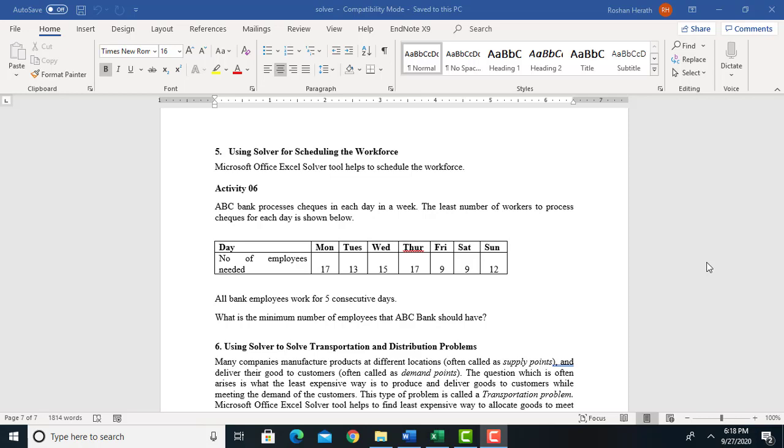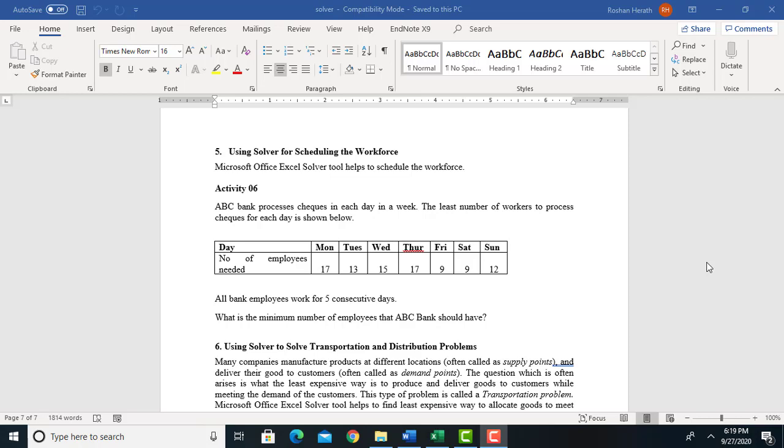Depending on the experience of the bank, considering the peak days and the off-peak days, they have identified what must be the minimum number of employees that has to be there. So on Monday, in order to process these checks, they need 17 employees. Tuesday, 13. Likewise, throughout the week, they have identified the number of employees that have to be there.